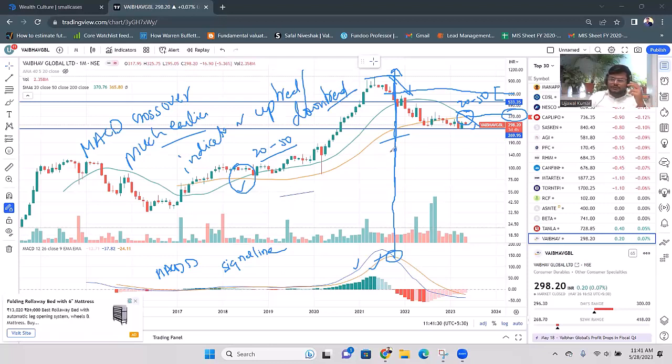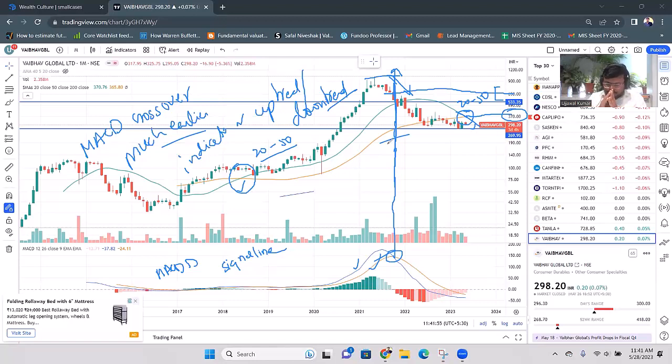So if you have to figure it out in the moving averages, it will take a lot of time. But if you follow the MACD crossover, it will tell you much earlier. Not ahead of time, but it's a much better indicator versus your moving averages when it comes to figuring out crossovers and the starting of the uptrend and the starting of the downtrend.